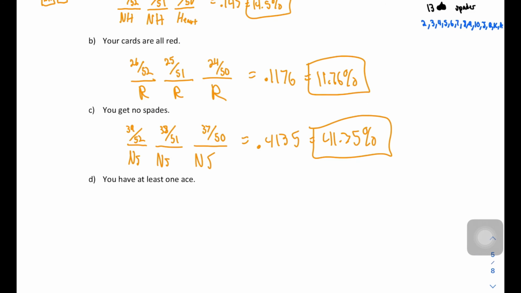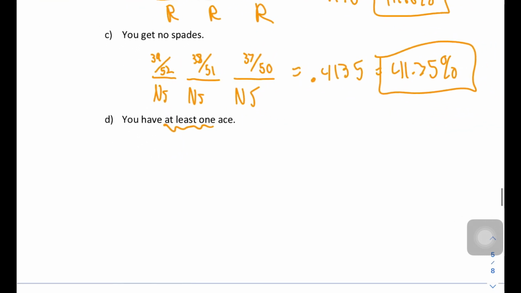Alright, now this one might be a little more difficult. You have at least one ace. So we're still drawing 3 cards, but we have at least one ace. Remember, whenever we have these at least problems, I want you to think of the complements. You could have 0 ace. You could have 1 ace.